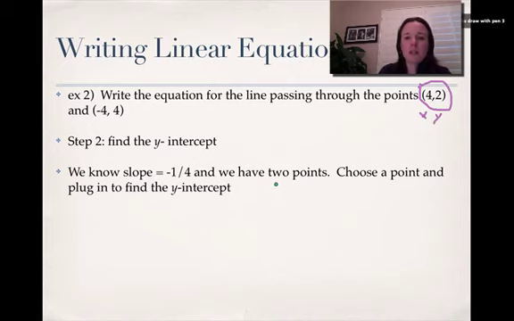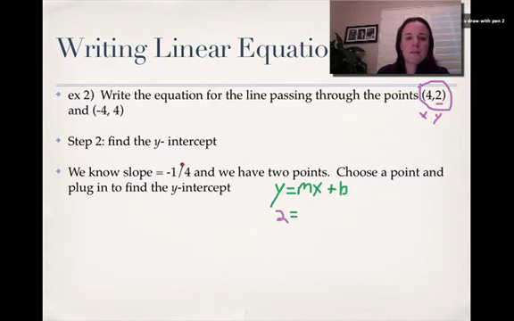Remember, my general equation is y equals mx, m for my slope, plus b. All right, so I'm going to plug in. So I've got this 2 up here for y. Plug it in for y in my equation. Equals my slope.